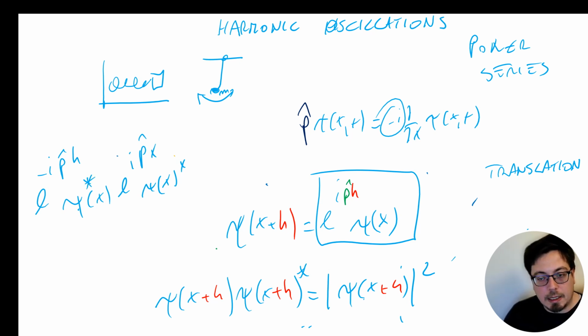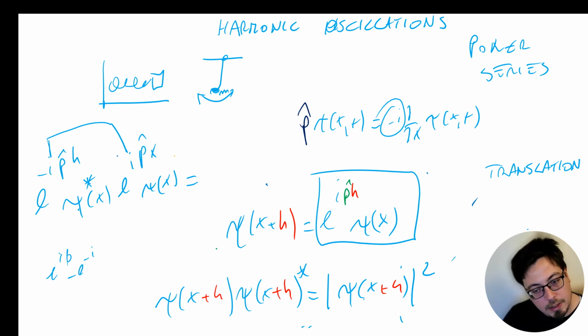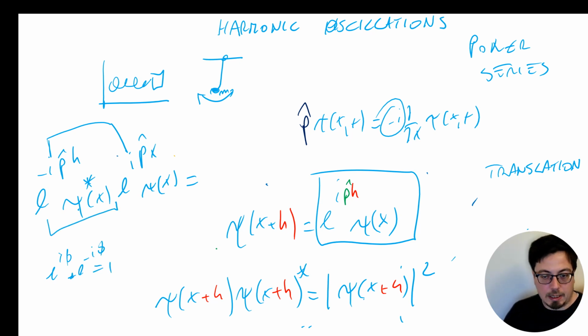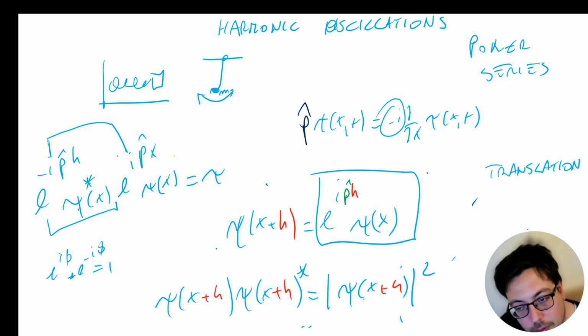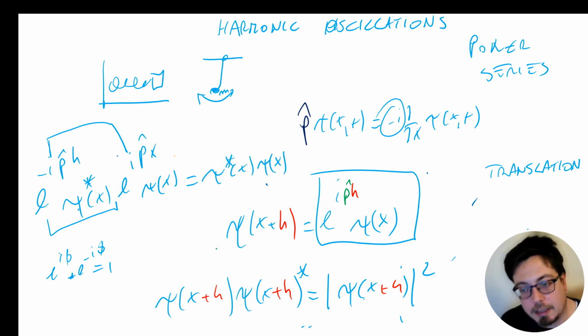But it is clear now that these two operations are like the complex number e to the i phi times e to the minus i phi, which is 1, and in fact they cancel out, and you're left with the complex conjugate of psi of x times psi of x, which is exactly the modulus squared of psi of x.